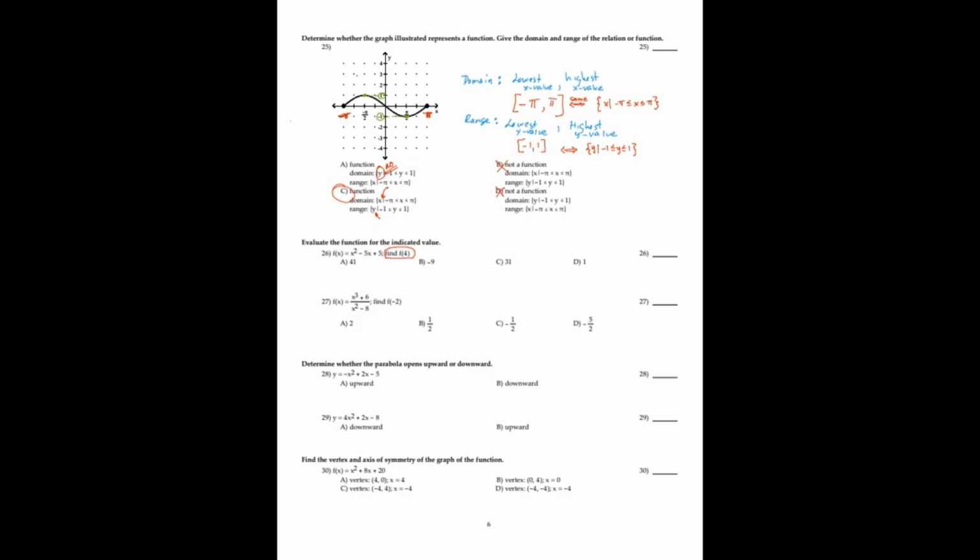F of 4 is to evaluate the function f of x equals x squared minus 5x plus 5 when x is 4. So we say, oh, okay, this is f of 4, right? Because we're going to evaluate at x equals 4. We're going to say f of 4 equals, so x squared, no, we substitute the x by 4.